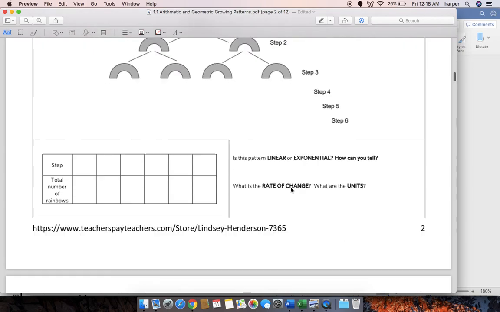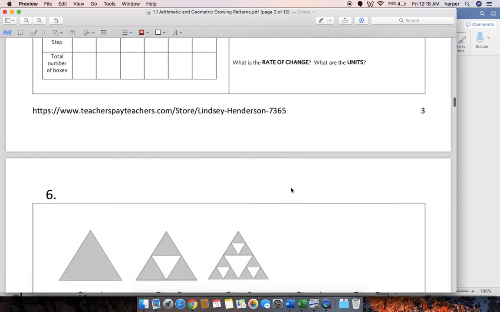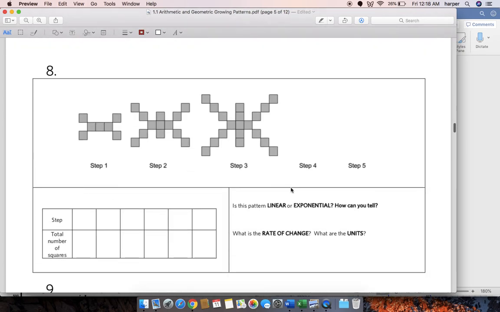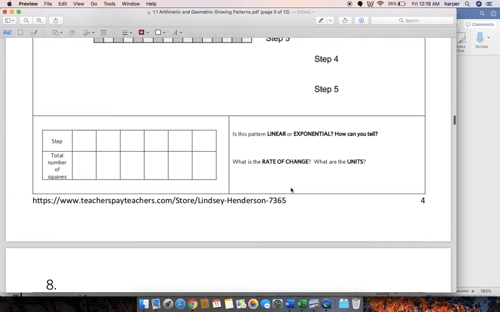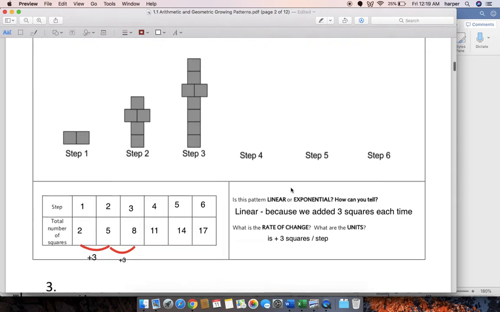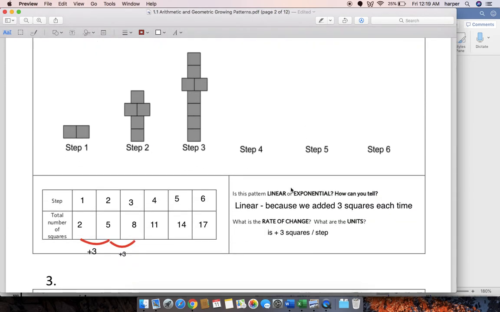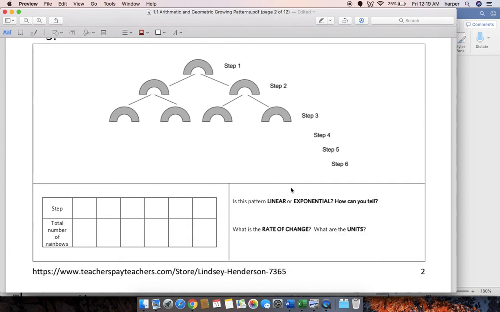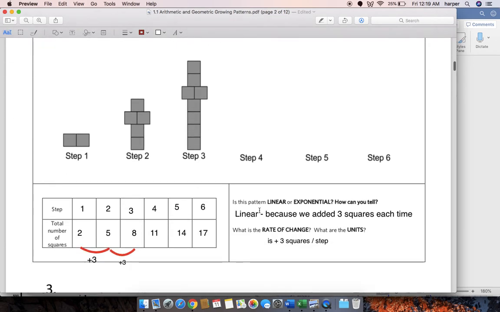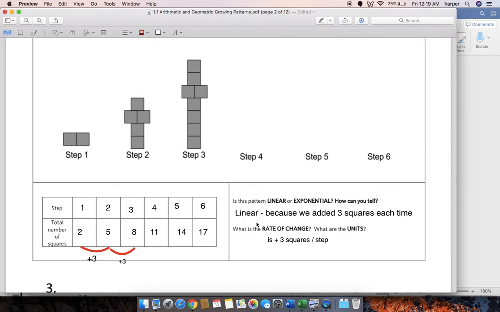All right, now you guys try the rest on your own. There is an answer key around, so try them. Don't be afraid. Think of is it adding. I know we haven't seen the exponential one, but I kind of want to see how you guys do without seeing one. Okay, so you guys got this.